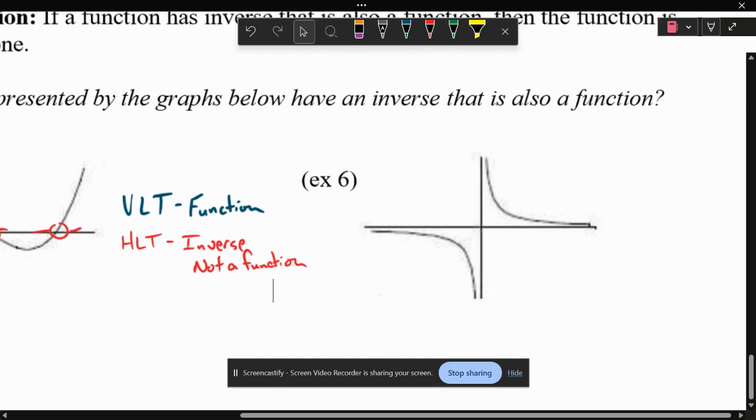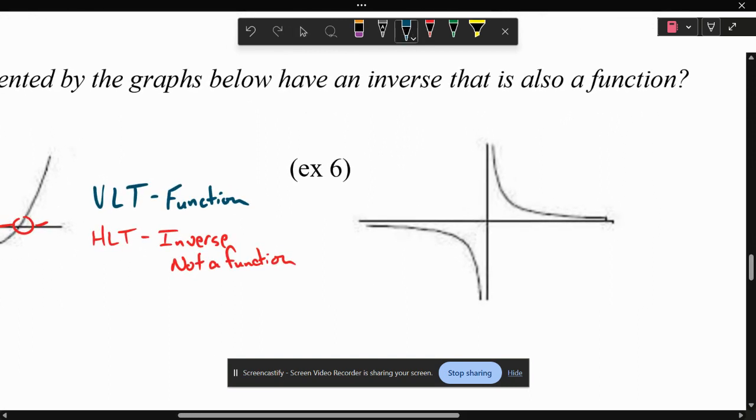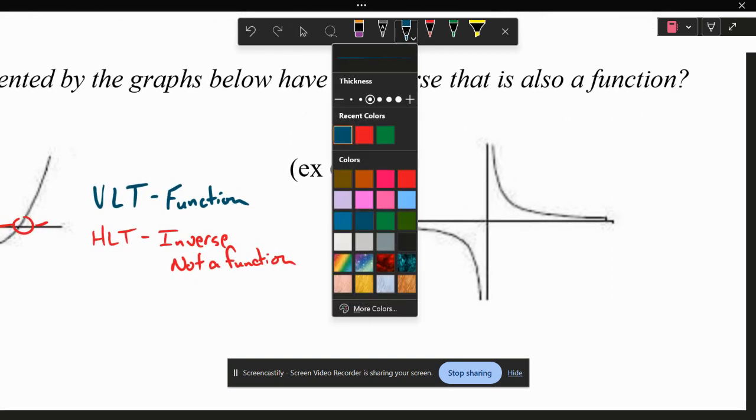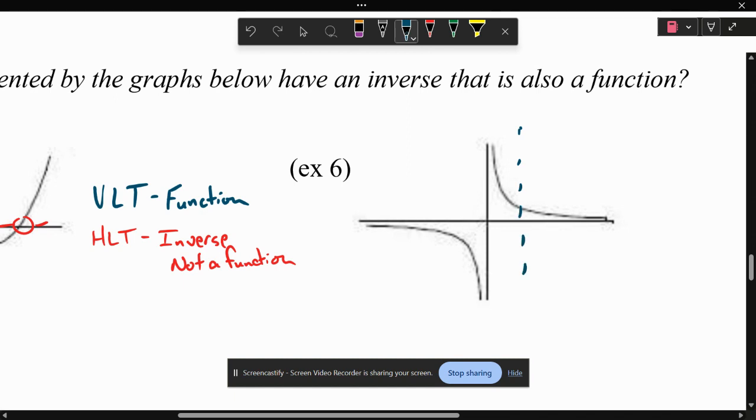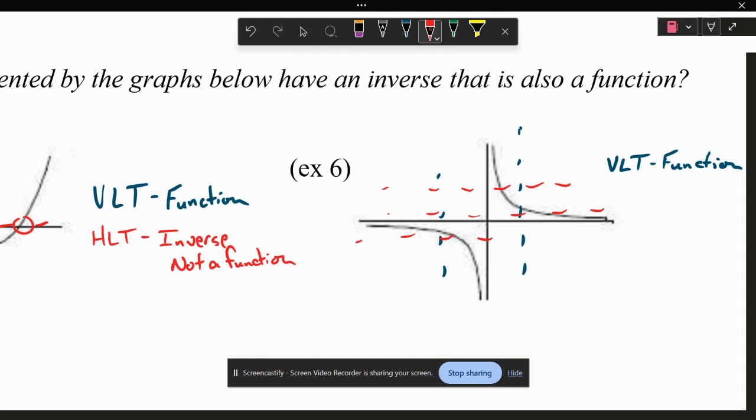If you come back, let's take a look here. If we do the VLT, at any point here, we only pass one time through. So VLT, the original is a function. And then let's look at the HLT. So horizontal line test only goes through once. So HLT means the inverse is a function.